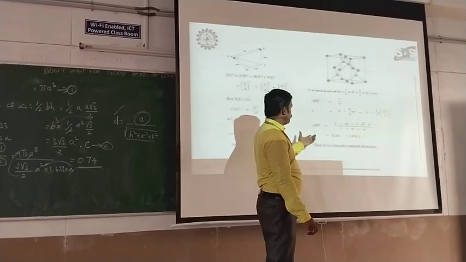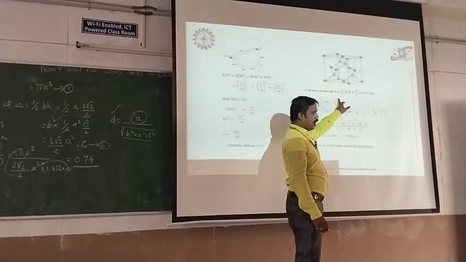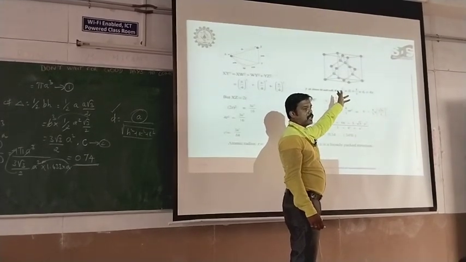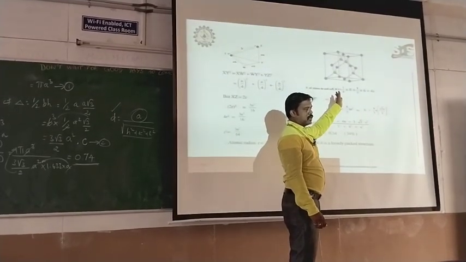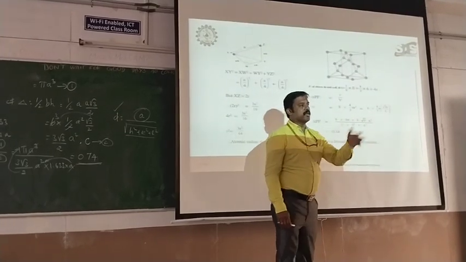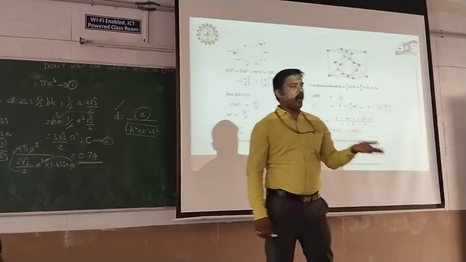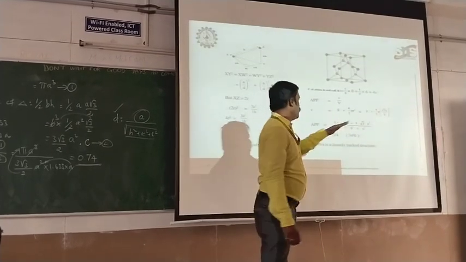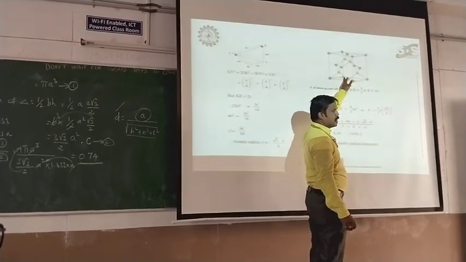APF we get as follows. This is small b, capital B. Small b means the volume of the sublattice. That means the number of atoms per unit cell into the volume of the atom divided by the volume of the unit cell. Volume of the unit cell we take as a cubical structure.